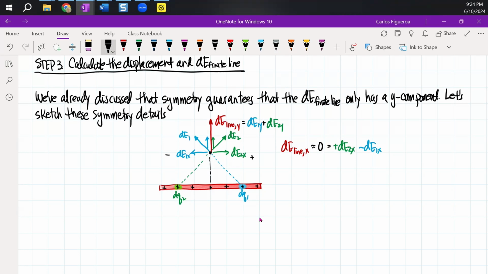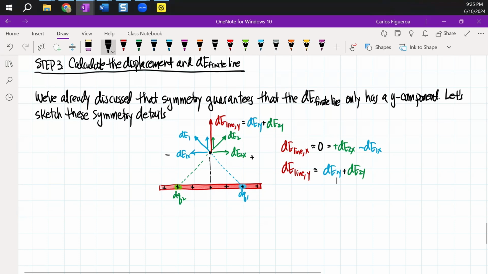Again, dE line in the y direction is not 0 because they're not symmetric about the y-axis. So then I'm going to get dE1y plus dE2y. And as a consequence, that's what the field is going to look like.